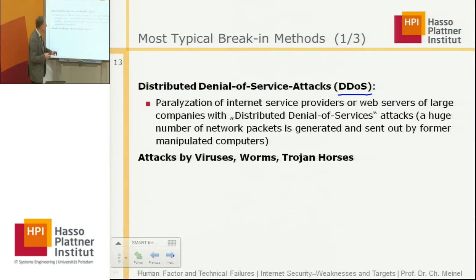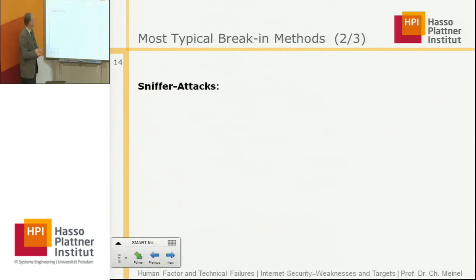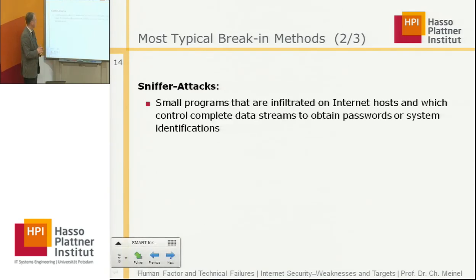Attacks by viruses, worms, and Trojan horses. Here we have already had a lecture about it. Another important break-in method are sniffer attacks. Sniffer attacks are small programs that are infiltrated in an internet host and which completely control the data stream in this network.